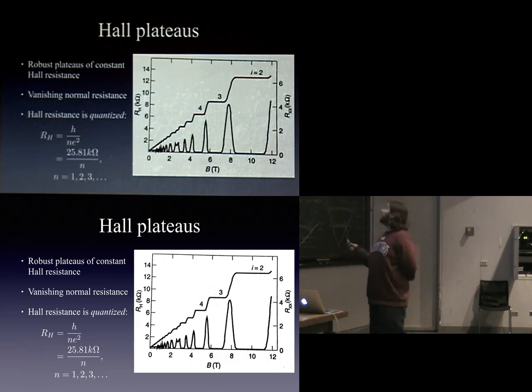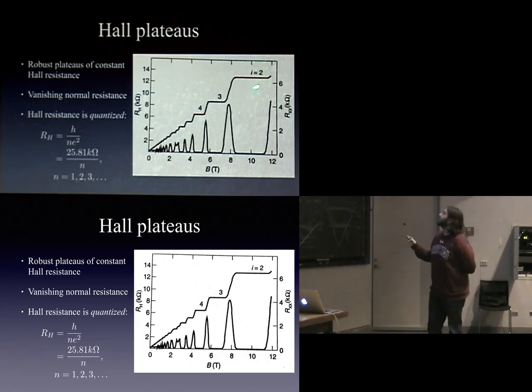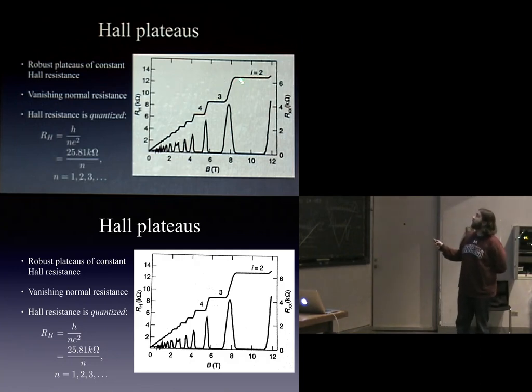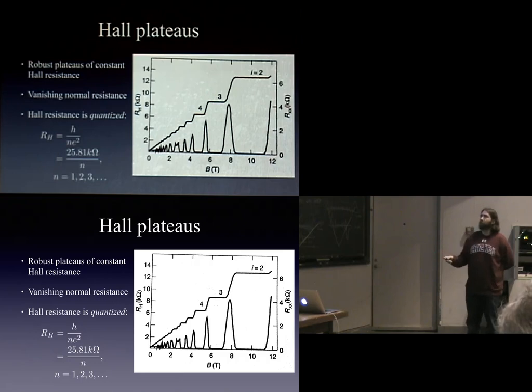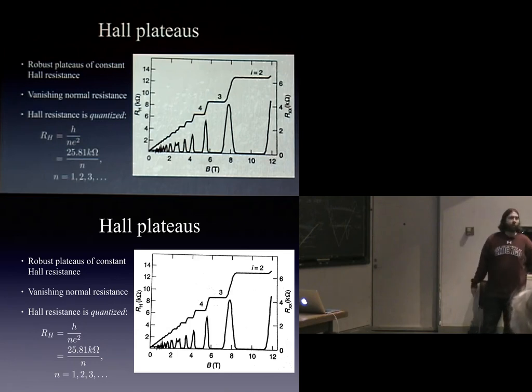Now, it turns out, if you look at this reasonably carefully, you notice that these are labeled by 2, 3, 4, etc., that you can actually fit the value of each of these plateaus with this very simple formula. You say the resistance is just h over e squared. Those are fundamental constants that aren't terribly interesting. If you look at them in units, h over e squared is just 25 kiloohms, divided by n, where n is just an integer, either 1 or 2 or 3.